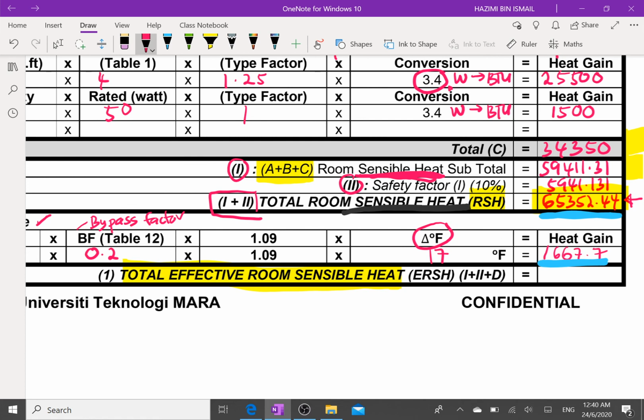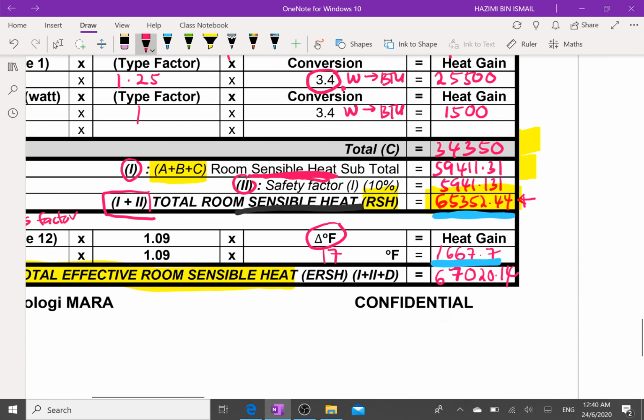So 65,352.44 plus 1667.7, and you will get 67,020.14. Okay, this value is very important. Make sure you highlight it.